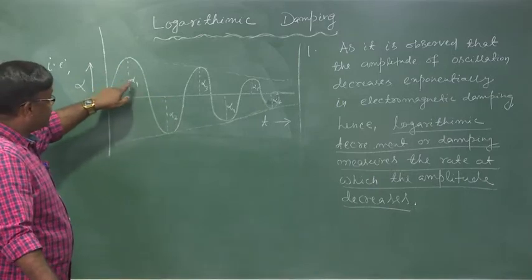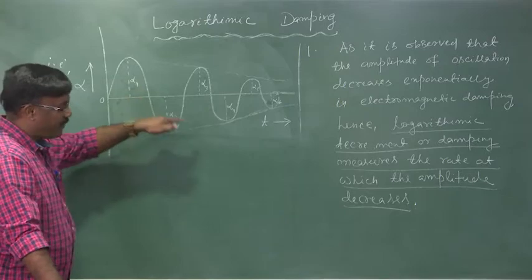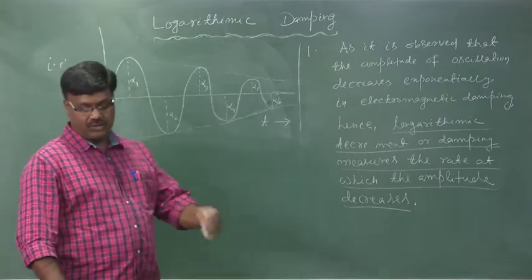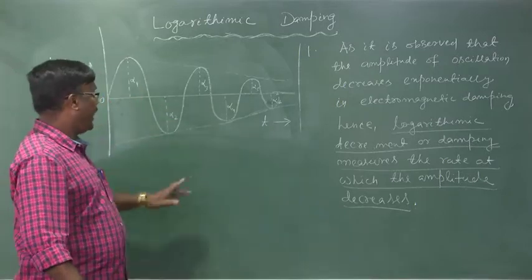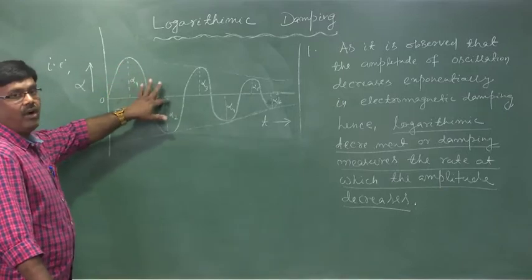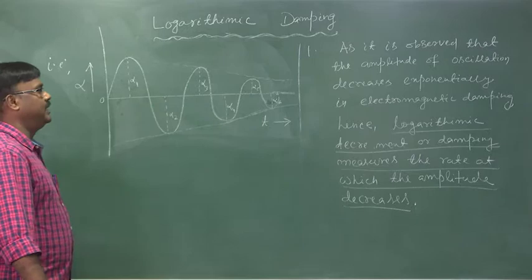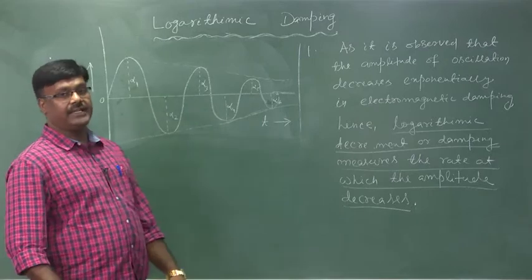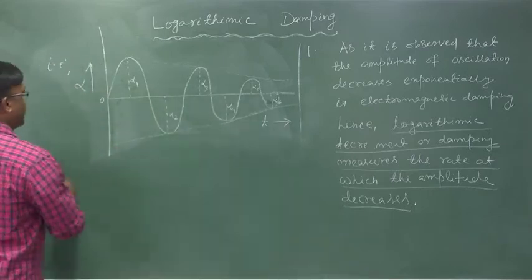The ratio of these two maxima is always constant, and the logarithm of this ratio of two successive maxima is known as logarithmic decrement.